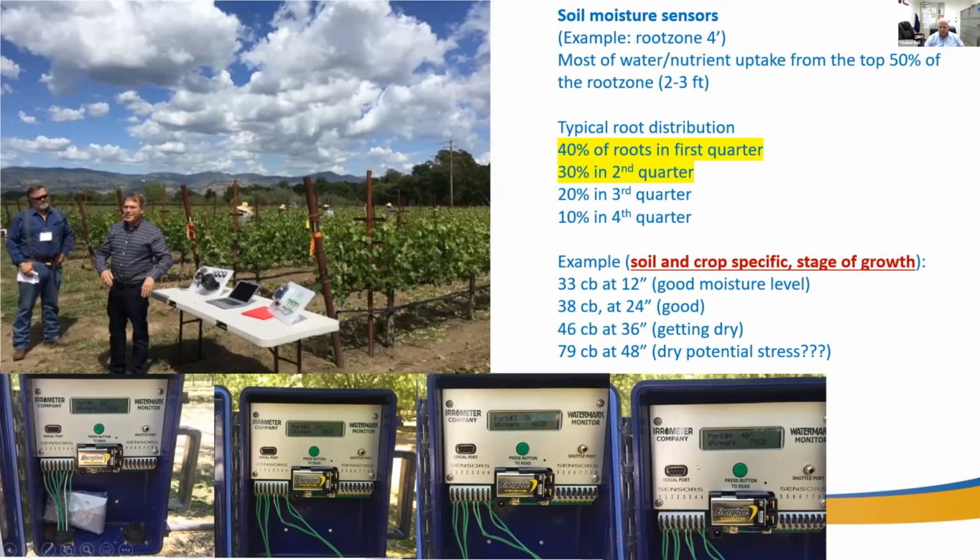This is in an almond field. So I have soil moisture sensors covering the entire soil profile: first foot, second foot, third foot, and fourth foot. The reading is in centibars, exactly the same as for a soil tensiometer.